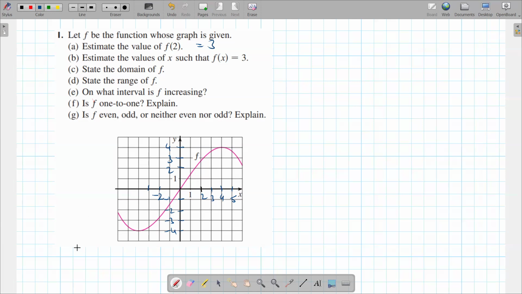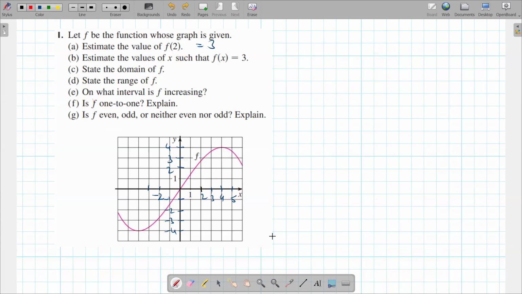Is there any more? What about like 5.5? That does it as well, right? So 3 is here. So that point on the x, which is about 2, and this point on the x, which is about 5.5. So there's 2 answers there.